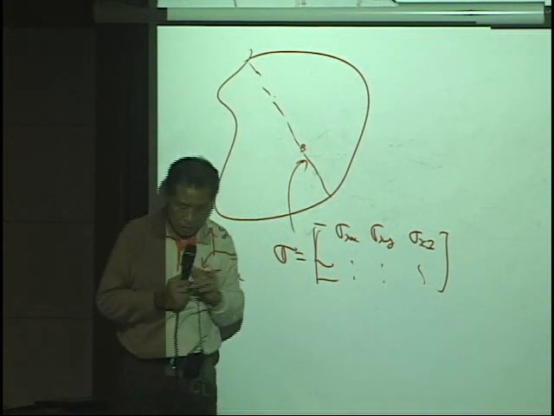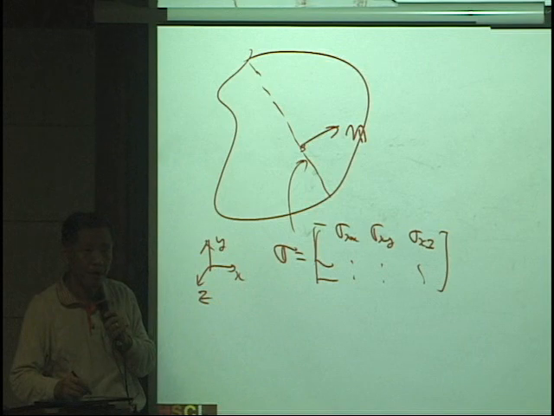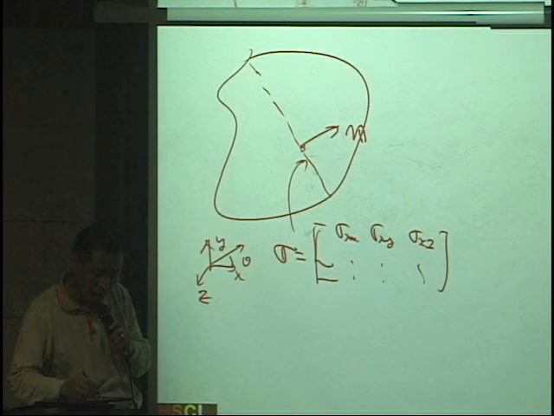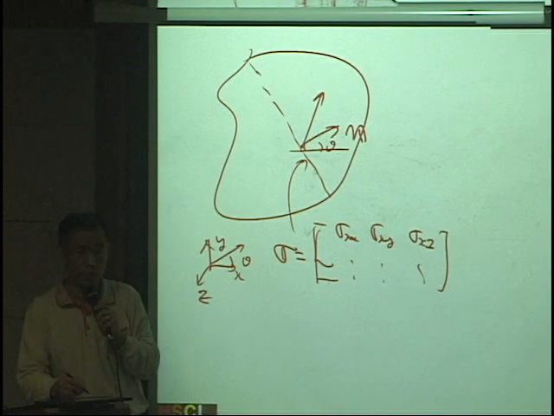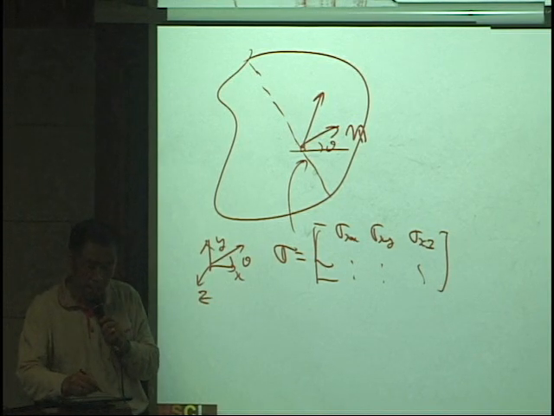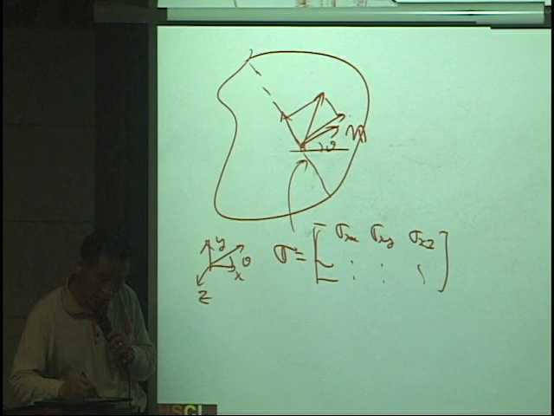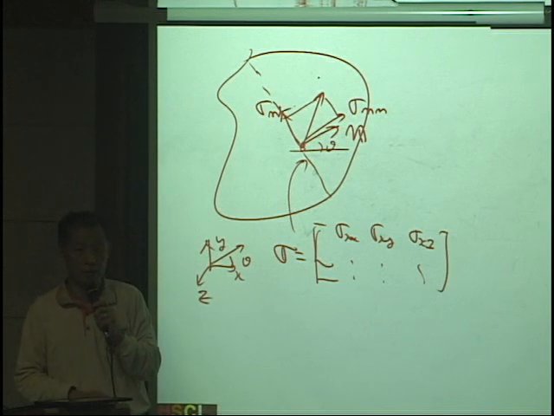Again, the question is, we have an n vector, and simply which has a certain angle with respect to this, let's say theta here, and there will be some kind of distributed load. Resultant will be like that, and this one will have a certain component, this and that. So if we say this is the n vector, and this will be sigma nn, and this will be sigma nt, right?